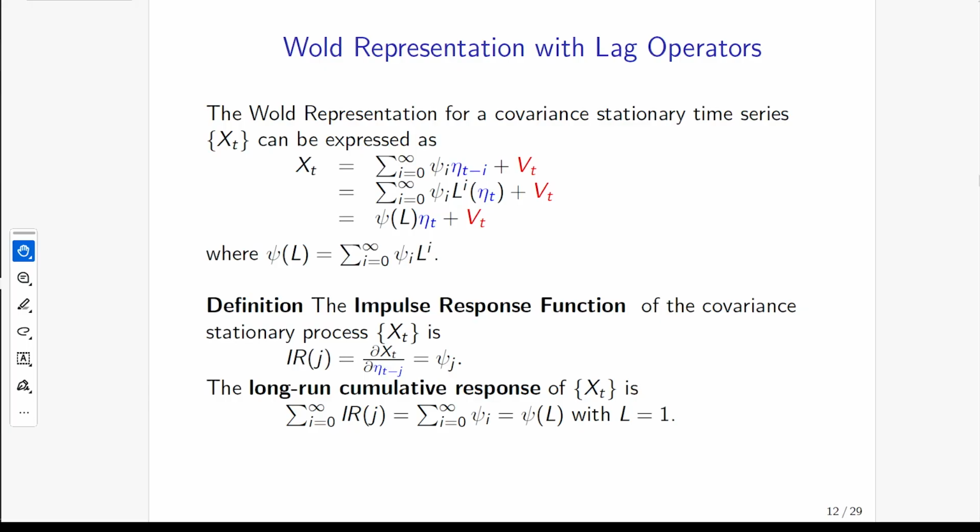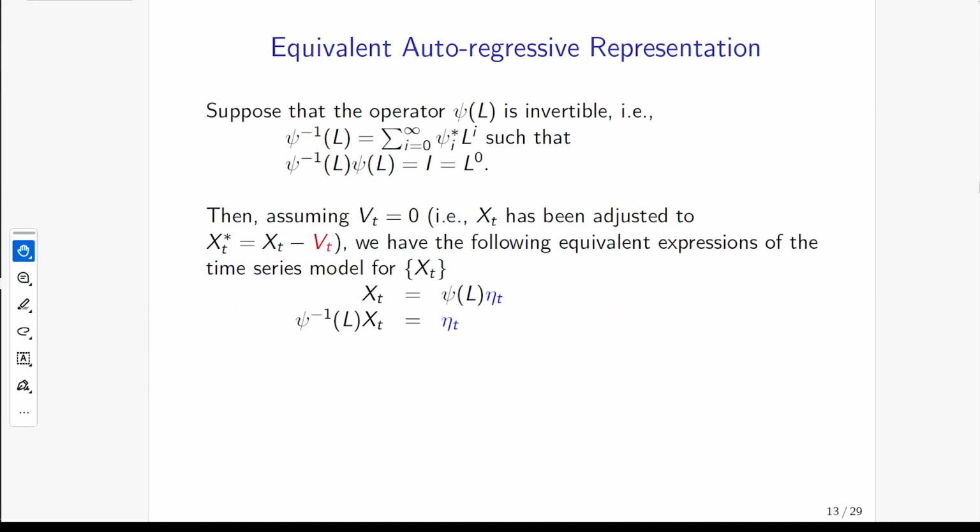And so there's basically a long run cumulative response of xt to a given eta t. So this is the long run cumulative response to the white noise terms.